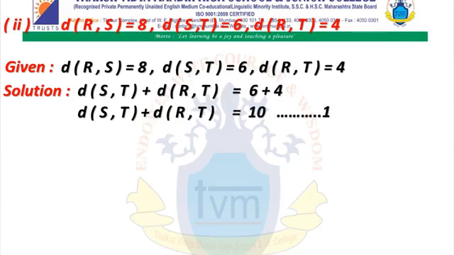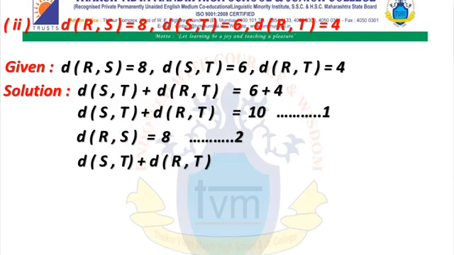Now the remaining third distance is 8, that is distance RS is 8. We'll take this as equation number 2. Now look at equations 1 and 2. Here the right hand side of equation 1 is 10 and the right hand side of equation 2 is 8. That means the right hand sides of equations 1 and 2 are not equal. So if the right hand sides of these two equations are not equal, then the left hand sides will not be equal.